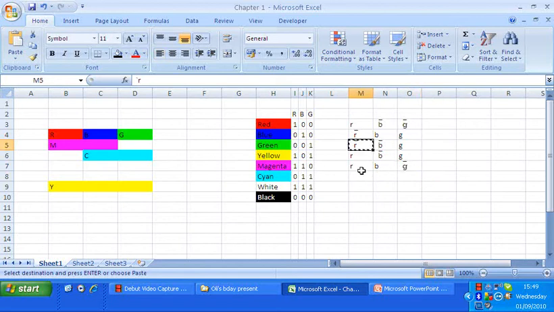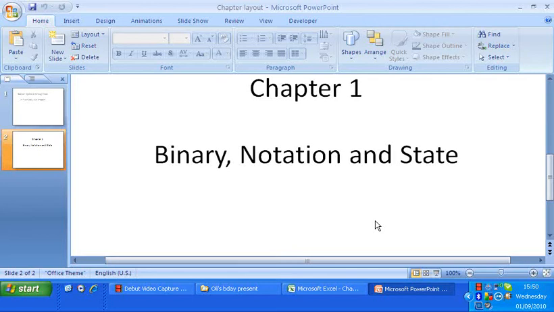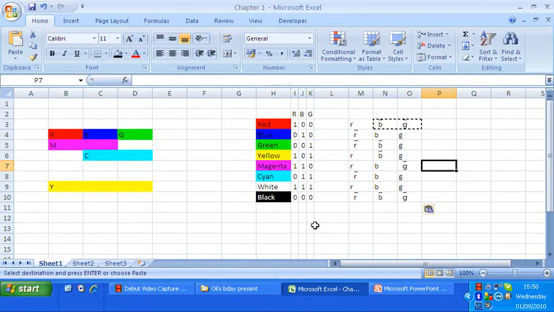Cyan as not red, blue, and green. And white as all of these turned on, red, blue, and green. Whilst black is a lack of any colour: not red, not blue, and not green. And the third thing about this is the state.